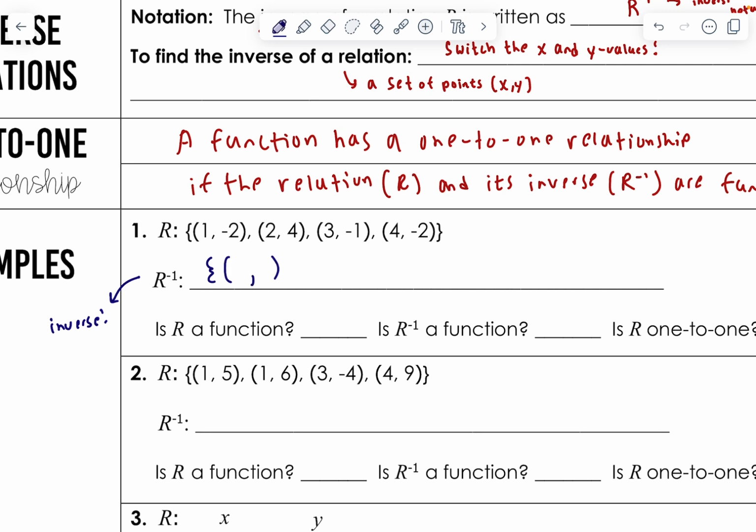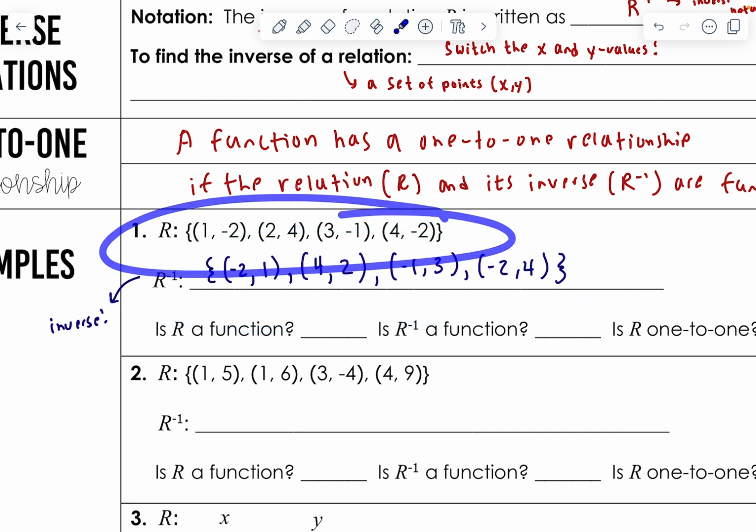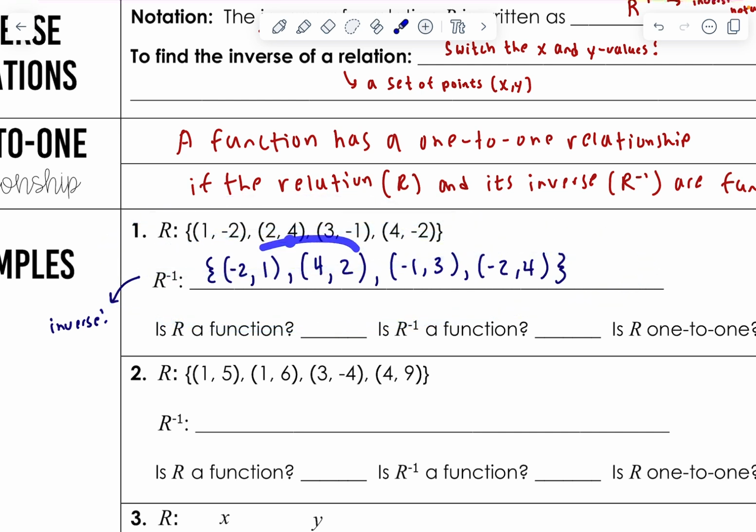And for this first set of points, I'm just going to switch the x and the y. I'm going to go ahead and do that for all the other ones as well. But 4 comma 2, -1 comma 3, and -2 comma 4. Don't forget the curly bracket notation at the end. This right here is how we find the inverse of a relation. Once again, all we did was switch the x and the y values.